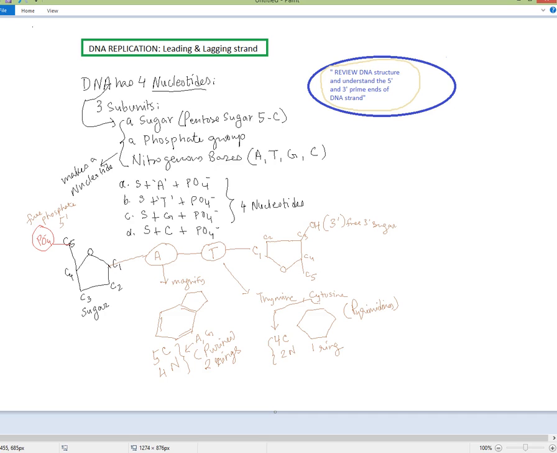Okay, there's another difference: when adenine bonds with thymine, there are 2 hydrogen bonds, and when guanine and cytosine bond, there are 3 hydrogen bonds.